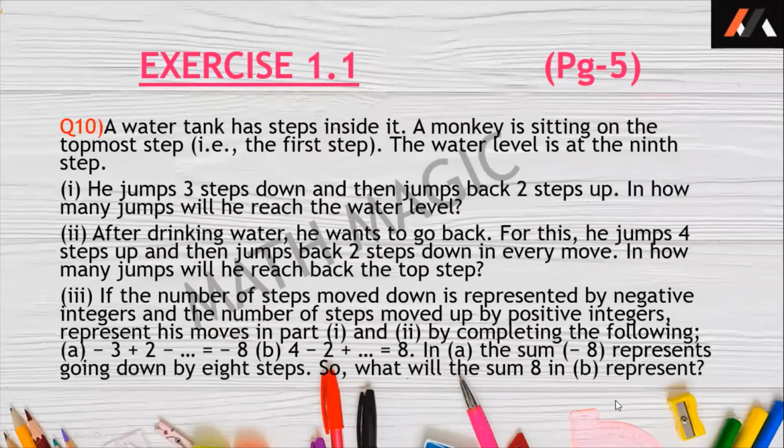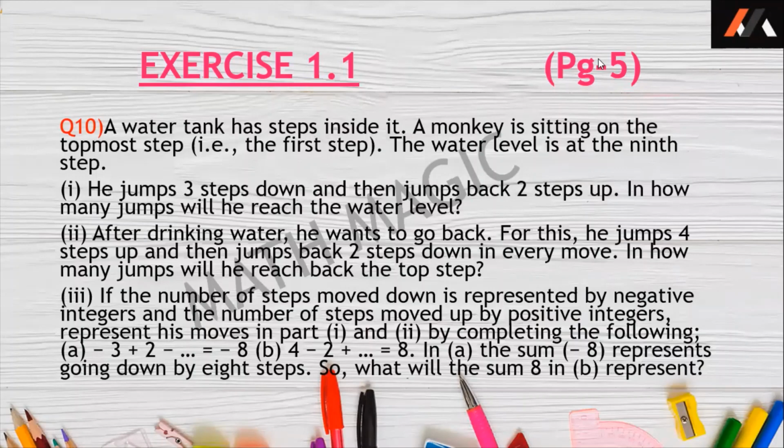If the number of steps moved down is represented by negative integers and the number of steps moved up by positive integers, represent his moves in parts 1 and 2 by completing the following.